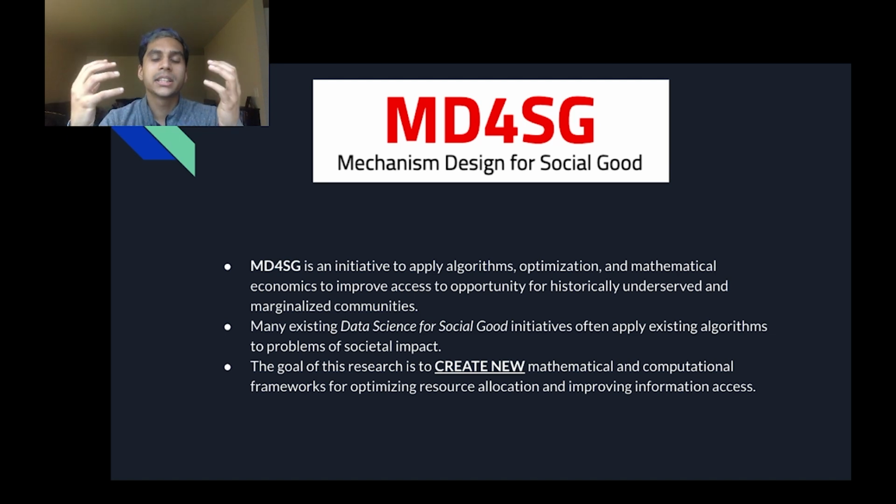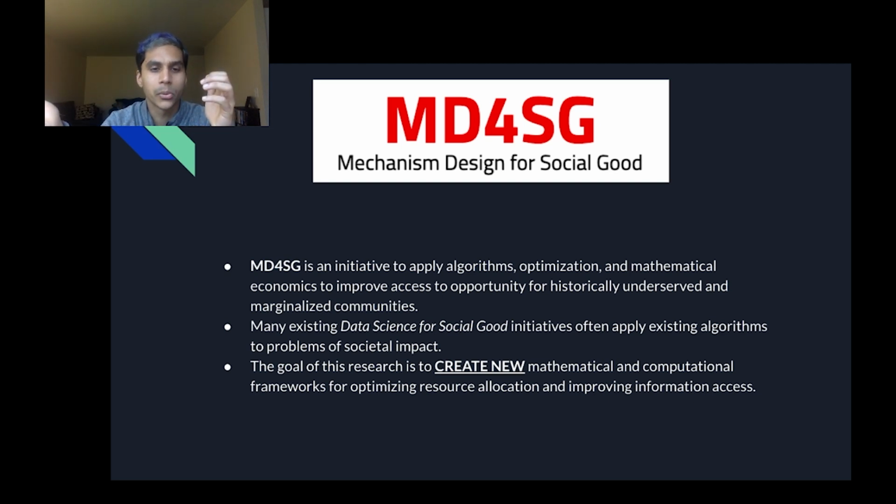Well, it's a research initiative to use ideas from theoretical computer science and algorithm design, mathematical optimization, and economics in order to create solutions and markets and mechanisms to help underserved and marginalized communities. And I think the key contribution of the mechanism design for social good movement is that many existing data science for social good or AI for social good initiatives often apply existing algorithms to problems with high societal impact.